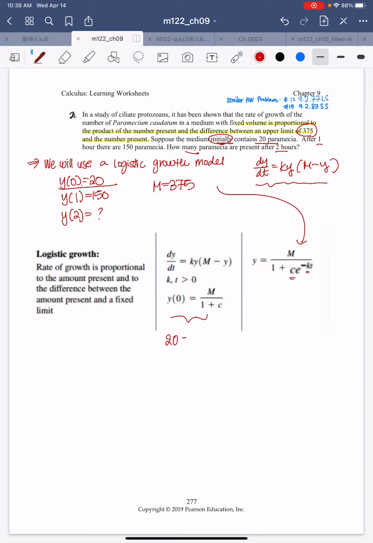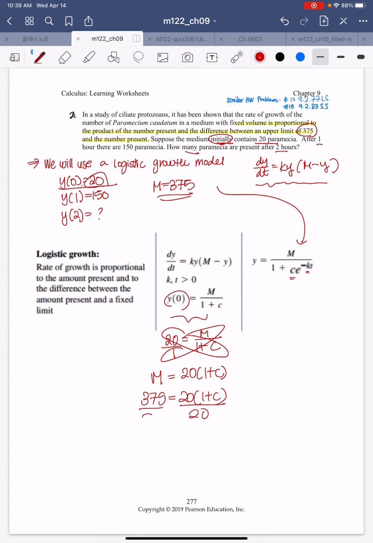So 20 is equal to M over 1 plus c, because y sub 0 is 20, the initial value. Cross multiply: M is equal to 20 times 1 plus c. M, we know it's 375. So I have 375 divided by 20 is equal to 18.75, which is 1 plus c.